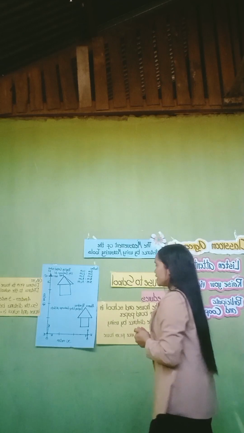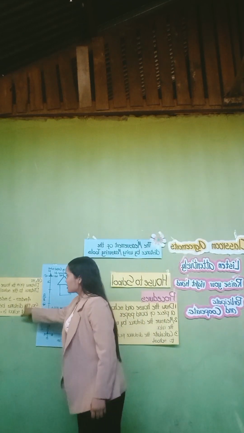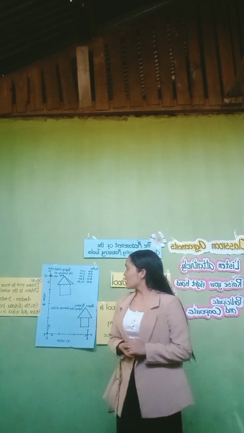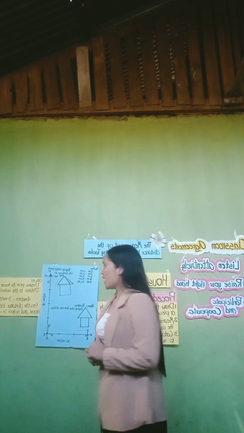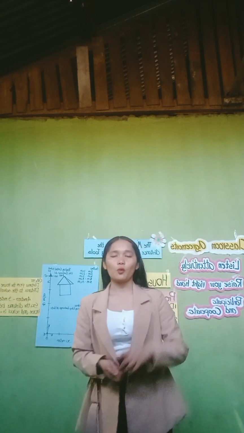So now, to calculate the distance between the house and school, we need to subtract. We have here 4 meters minus 3 meters. So the distance between the house and the school is 1 meter.